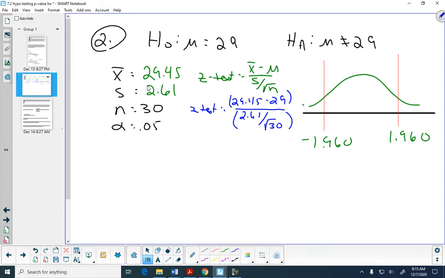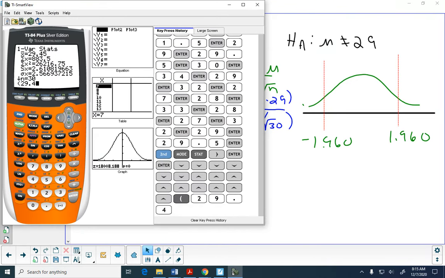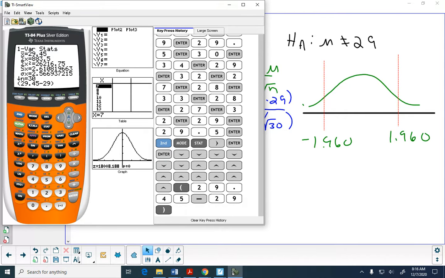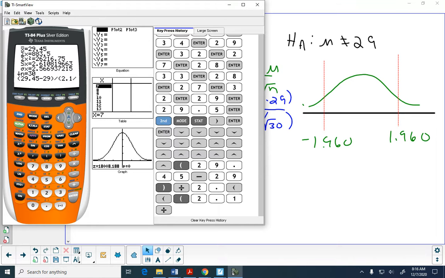Now you're going to want to calculate both of these. Once again, going into the calculator, we had 29.45, so I'm going to calculate 29.45 minus 29, divided by, parenthesis, 2.61 divided by the square root of 30, and parenthesis.